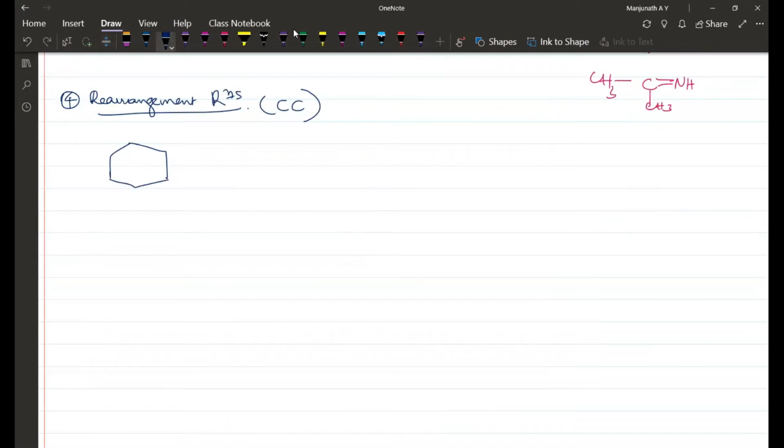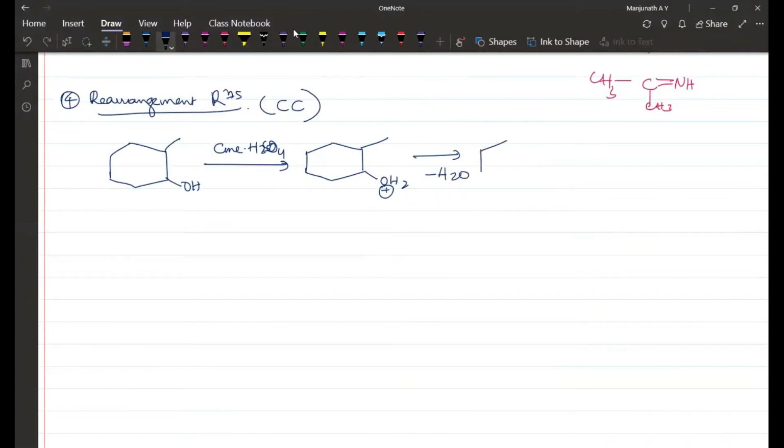One such example I would like to take now is dehydration, with concentrated H2SO4. First it undergoes protonation, OH2 plus, then this will give rise to a carbocation. This will be the carbocation.